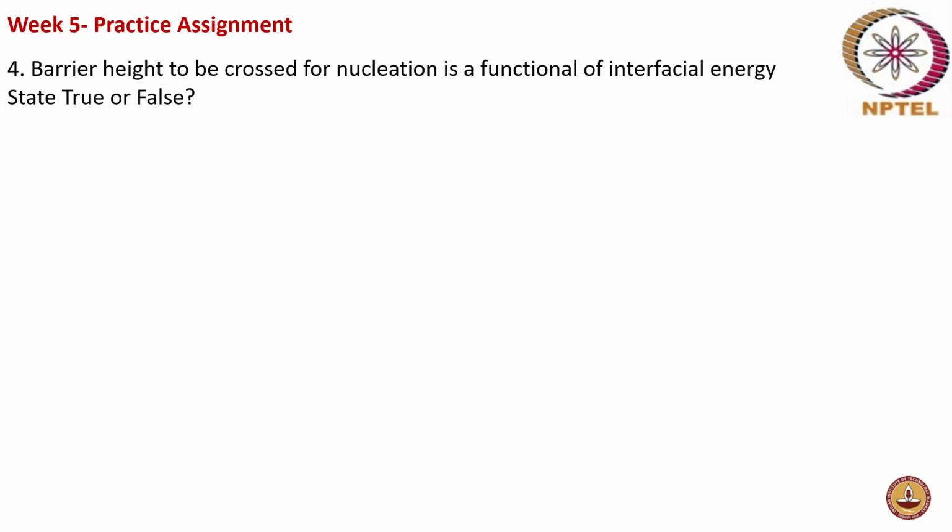Yes, ma'am. Are you sure? Why are you saying so? The formula is delta G, right? Delta G by RT. So delta G is a function of both thermodynamics as well as interfacial energy. So it's a function of interfacial energy. Okay. Do you all agree with that?